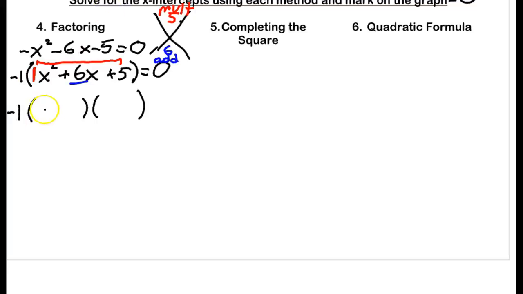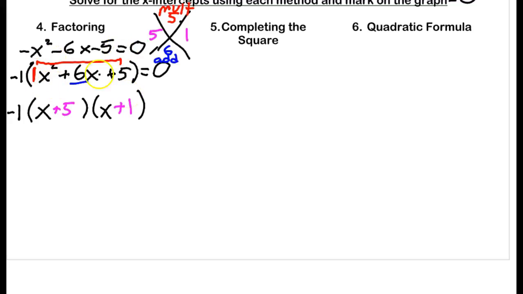Right, so we got two numbers that work, which are 5 and 1. Right, 5 times 1 multiplies to 5, and then 5 plus 1 adds to 6. We got plus 5 and plus 1. Now, when there was an a here, other than 1, like this was a 2x squared or 3x squared, that's when you had to do the whole box.